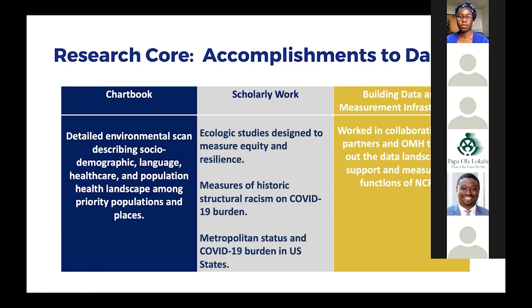We've worked also with our OMH partners and with our external evaluator partner, NORC, to build the data infrastructure and measurement infrastructure for the network. And we feel confident that we do have the data streams in place to measure the full impact of this program.